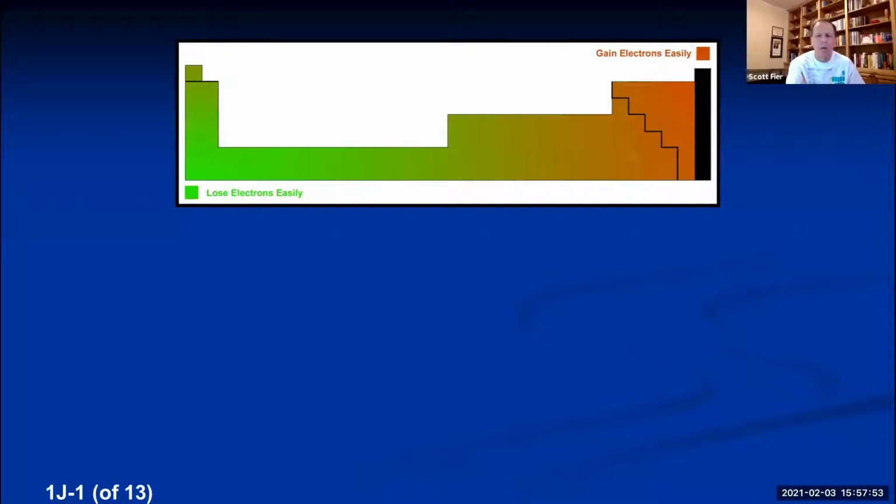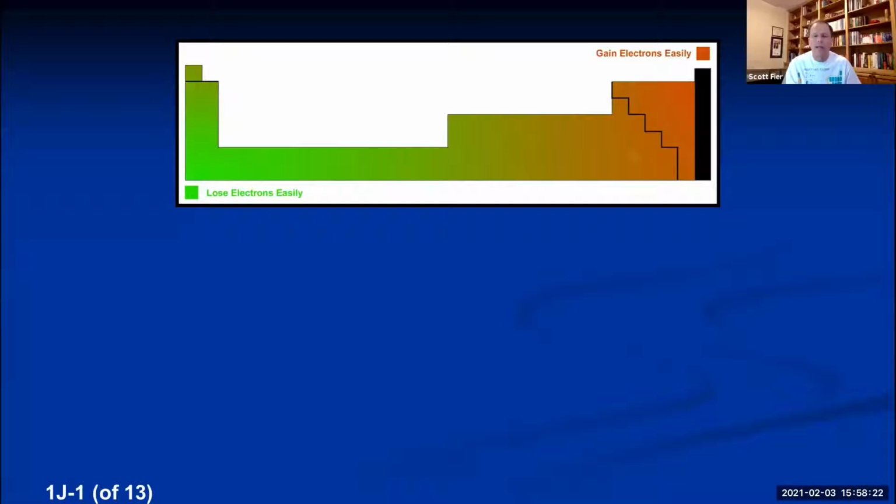However, going to the upper right-hand corner of the periodic table, these elements have really high ionization energies, so you can't pull electrons off of them, but when they gain electrons, they release a lot of energy, so they gain electrons easily. So the chemical elements, the types of matter that fundamentally cannot be broken down into anything simpler, the atoms of those elements can be classified as either easily losing electrons or easily gaining electrons.